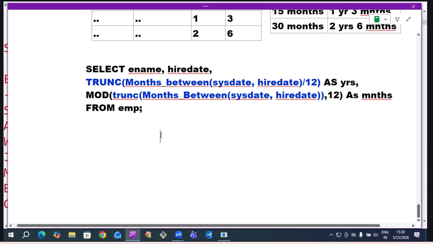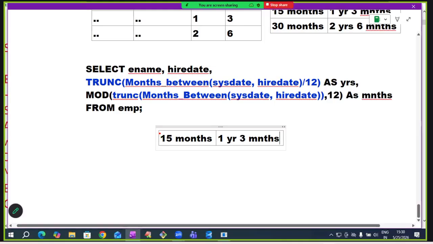Simple logic, sir. Employee has 15 months experience. So means what? 1 year, above 1 year, 3 months experience. Understand here? So this 15 is number of months, experience in the form of months. We are dividing with 12. 12 into 1, 12.